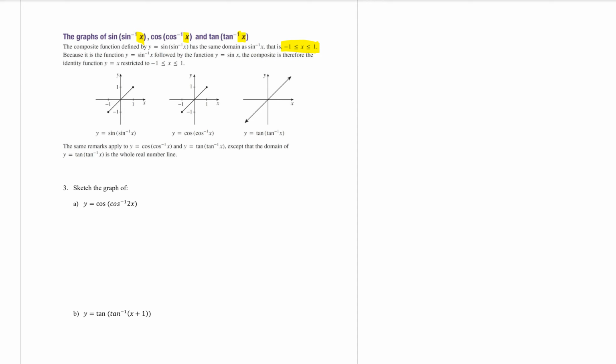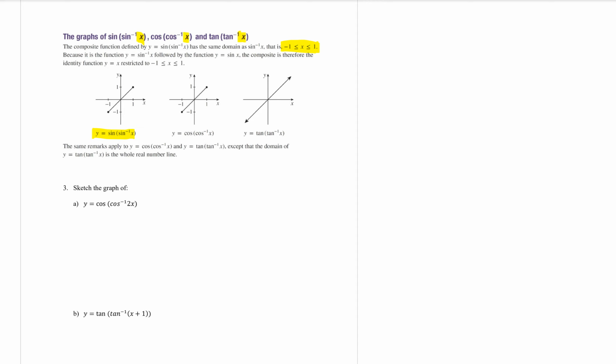So, sine inverse sine is this first graph here. Its domain is between -1 and 1, and its range is also going to be between -1 and 1 because it is a straight line. Y equals x, the domain would be the same as the range.